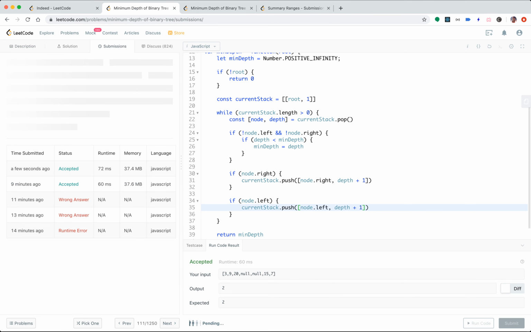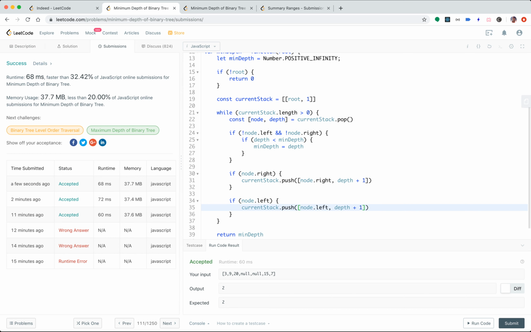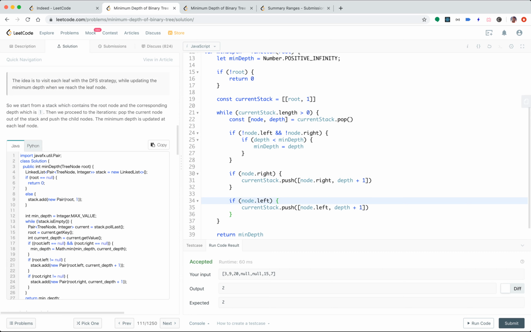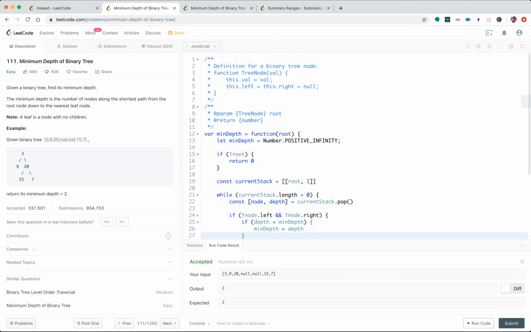Will it be faster? Faster, but not fast enough. Anyway, this is just the practice of our transformation from recursion to iteration.